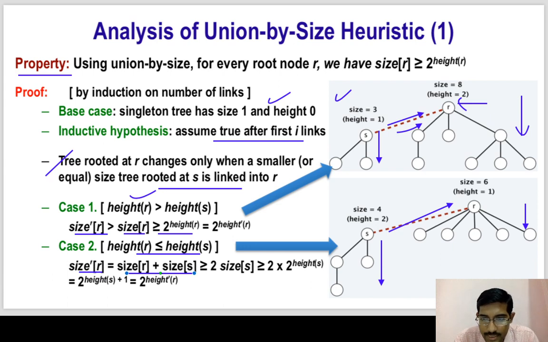Now, as we can see here, the set rooted at this S definitely has less number of nodes than this.